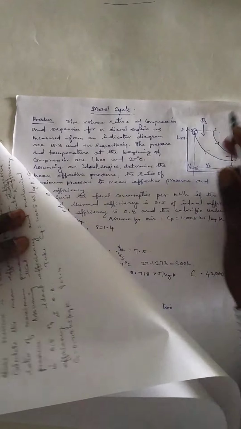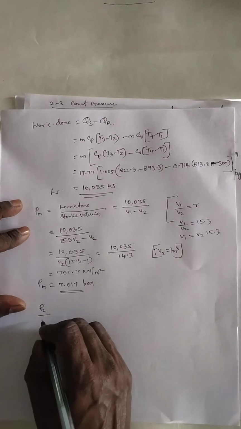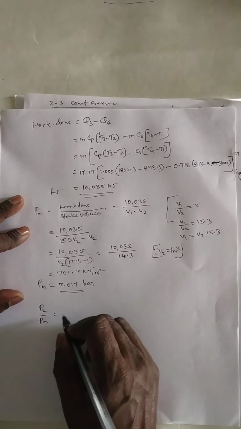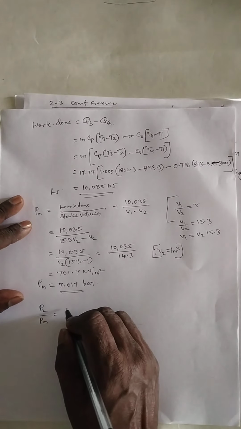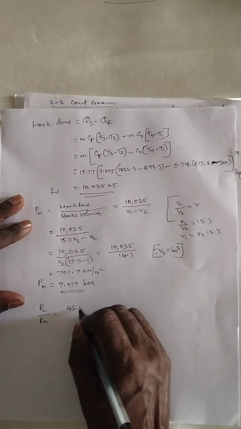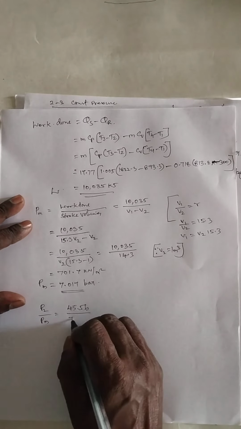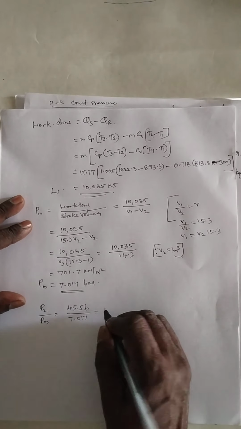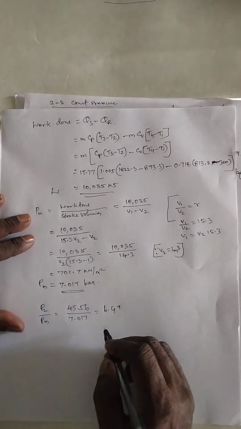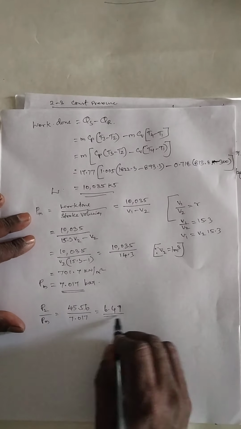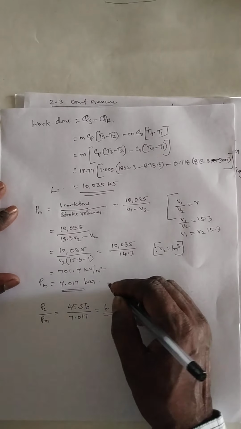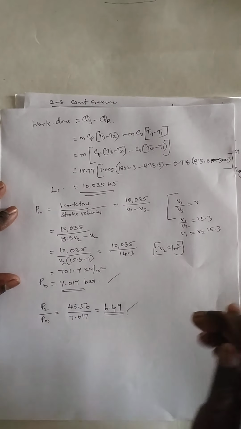So 45.56 divided by 7.017 bar, so the pressure ratio is 6.49. This is also asked in the problem. One, mean effective pressure we have found out, then the pressure ratio.